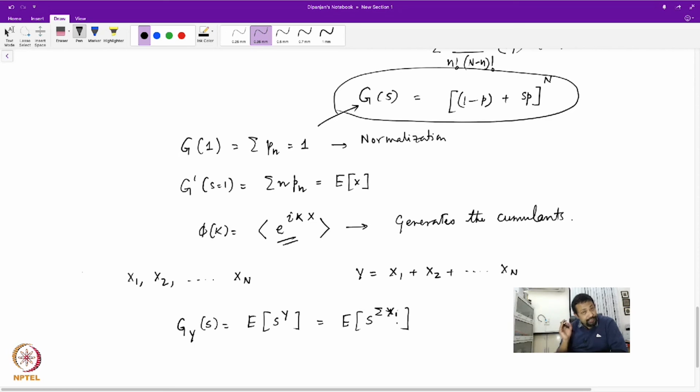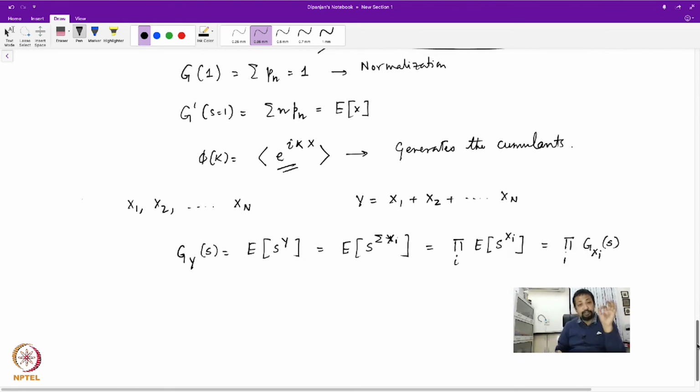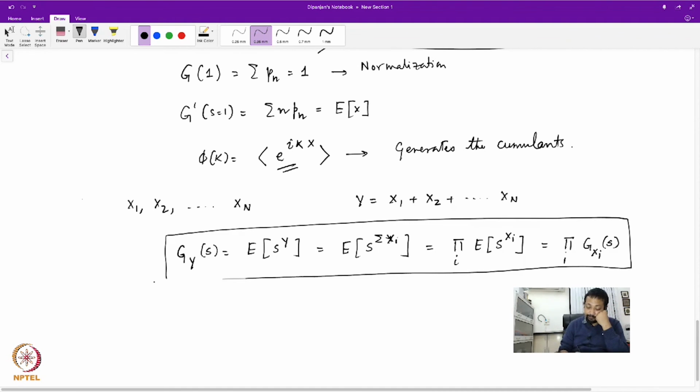And if these are independent random variables, then essentially you are going to get the product over i of the expectation of s to the power xi, which is the product over i of g of xi at s. Since we did not discuss covariance, this is another way of checking whether your random variables are truly independent: to check whether this is satisfied.